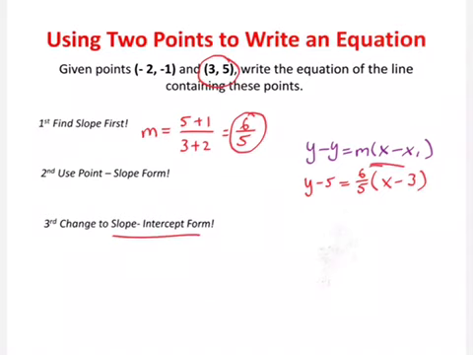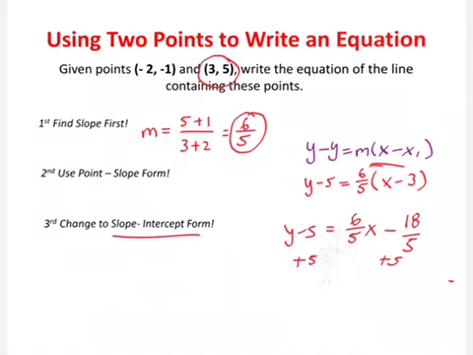To do that, I'll distribute the 6/5. So I've got 6/5 x minus, well, in this case we get 18/5 equals y minus 5. Then our last step would be to add over 5.